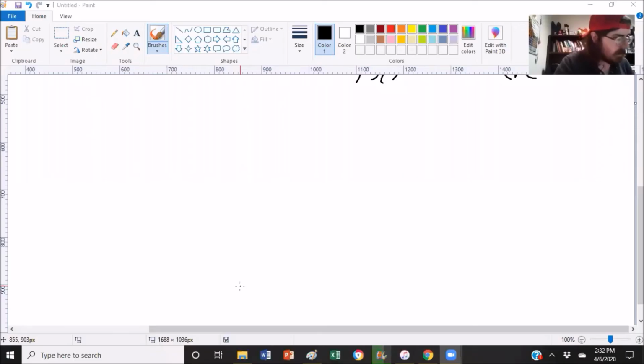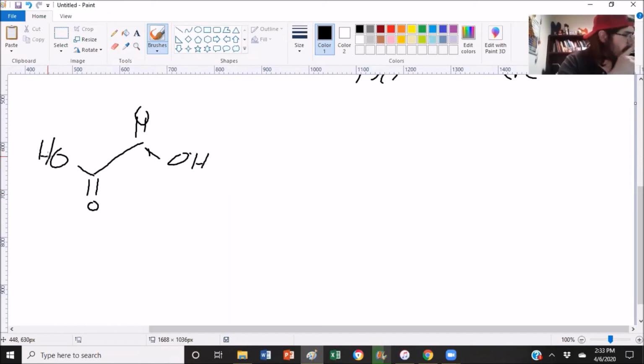Okay, basically, the IUPAC name, the proper way to call oxalic acid with its ethane, here's what's weird: we keep the E ending, but we call it the oic acid.